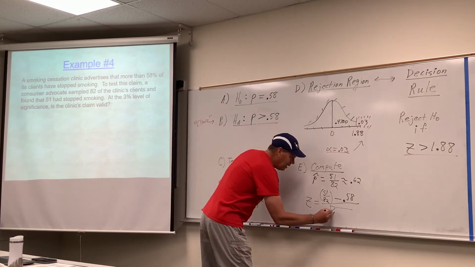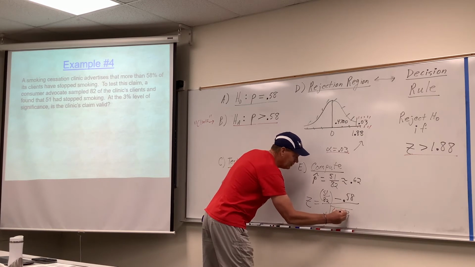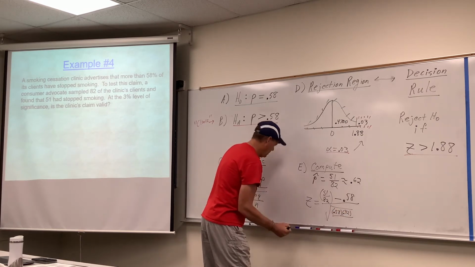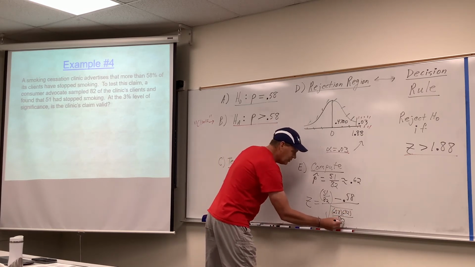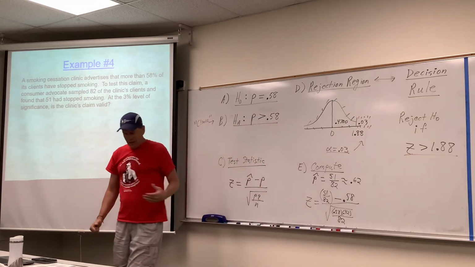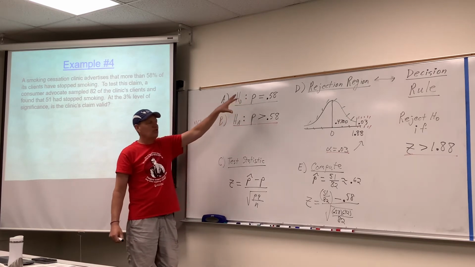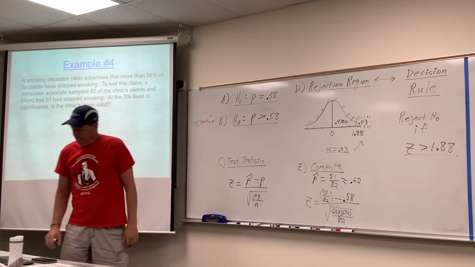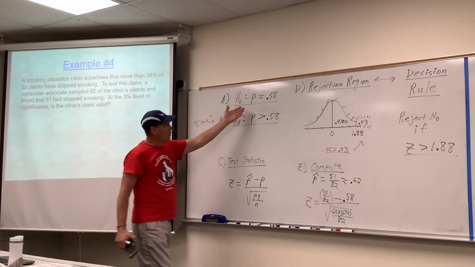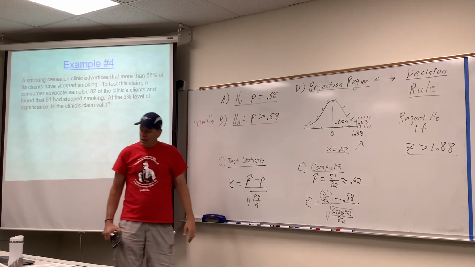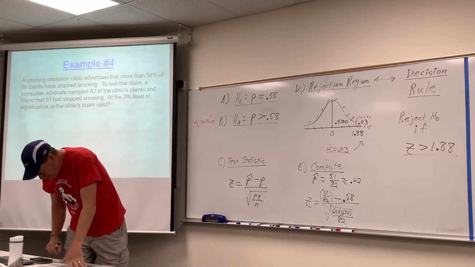Let's see, what's the complement of 58%? 42%, right. 1 minus, and then over 82 would be our sample size. So you get your PQ over N, N sample size, PQ would be these assumed percentages. Remember, that's why it's called a hypothesis. We're assuming it's true for the whole population. So, you know the drill.